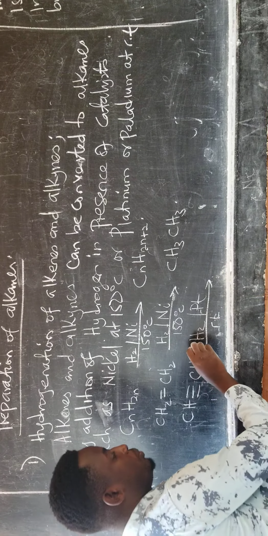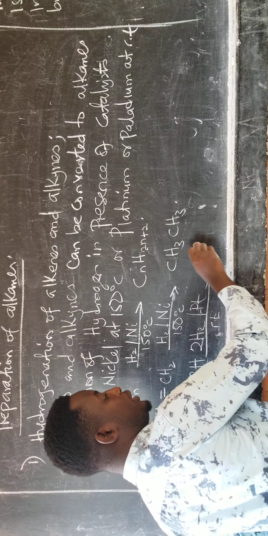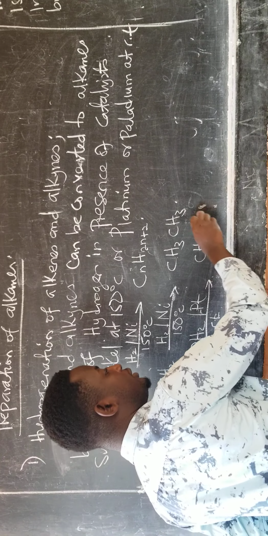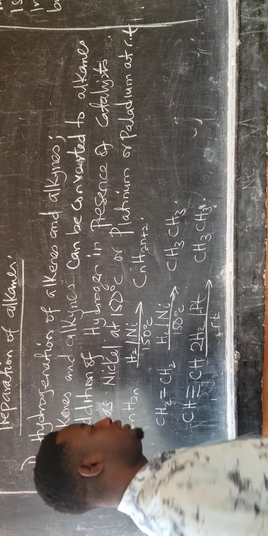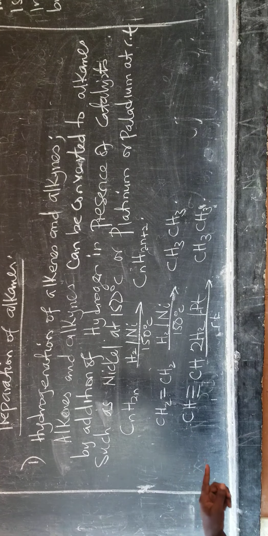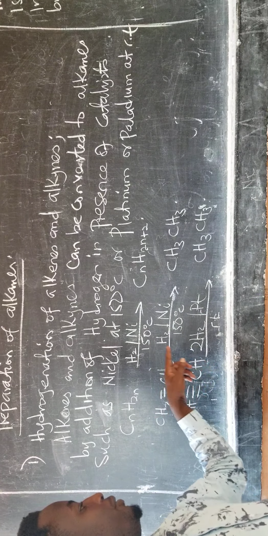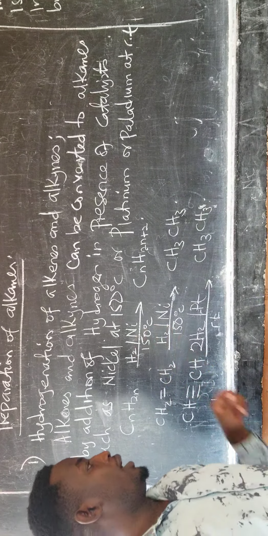So I'm just going to put a 2 here, and that one will still be CH3-CH3. Therefore, we can change alkenes and alkynes to alkanes by addition of hydrogen in the presence of a catalyst.